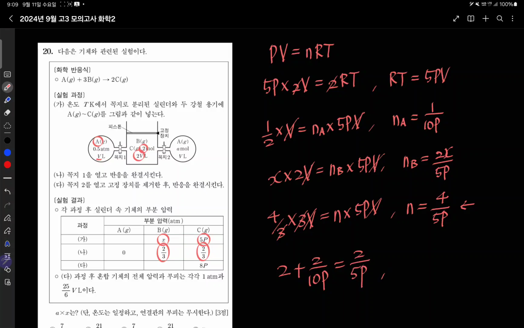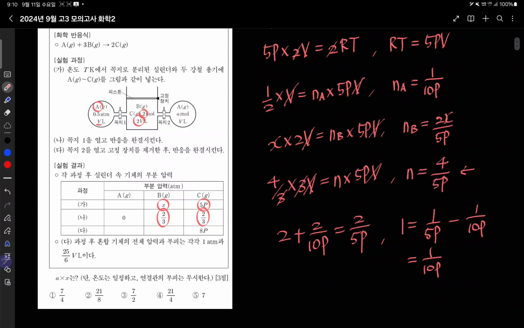So if we solve this equation, 1 is equal to 1/5P minus 1/10P. So that's equal to 1/10P. So value of P is 1/10.